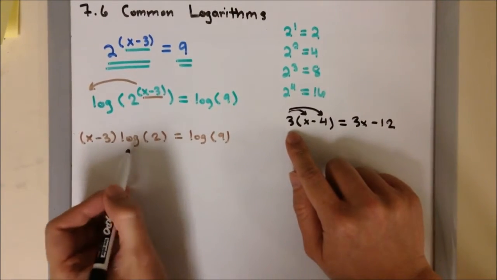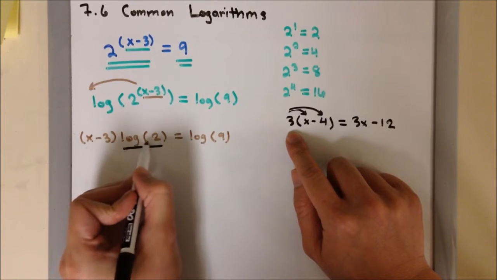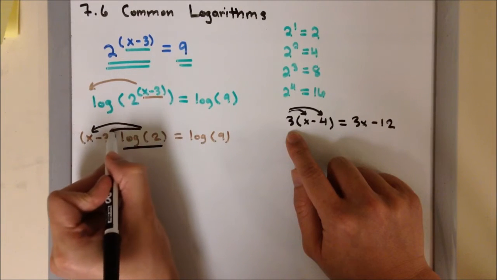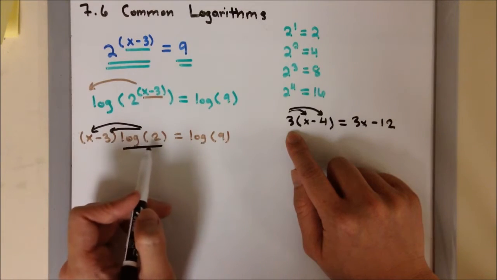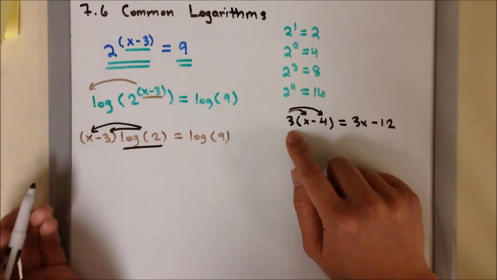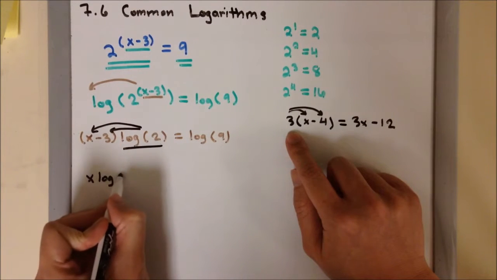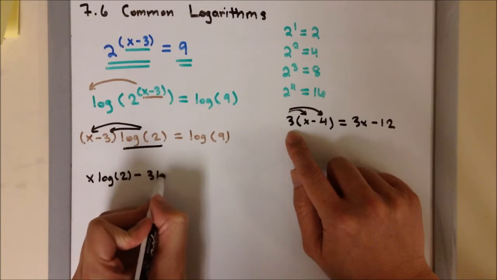The log is like the 3, so I'm distributing log of 2 to the x and to the 3. So when I'm distributing log 2 to the x and the minus 3, this is what I'm going to have. X log of 2 minus 3 log of 2.